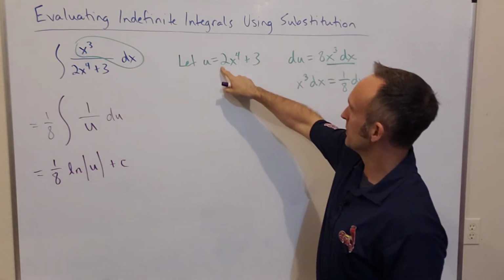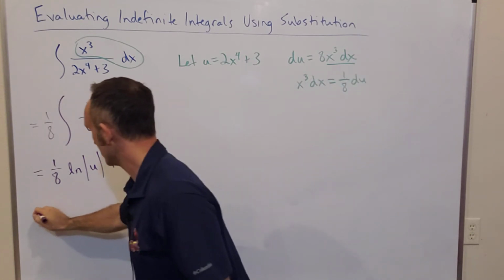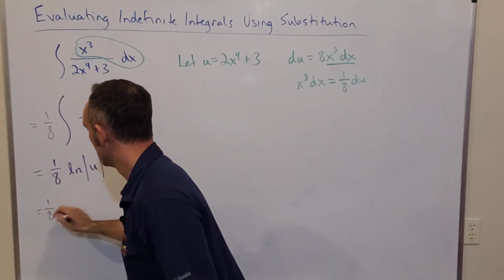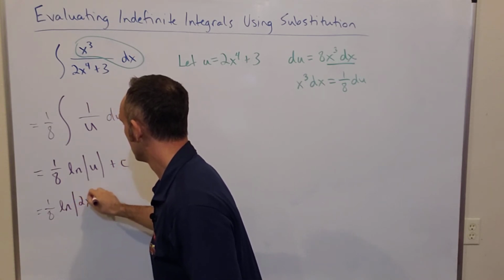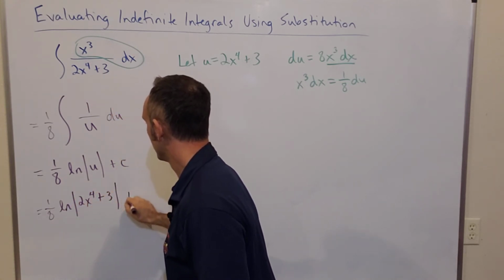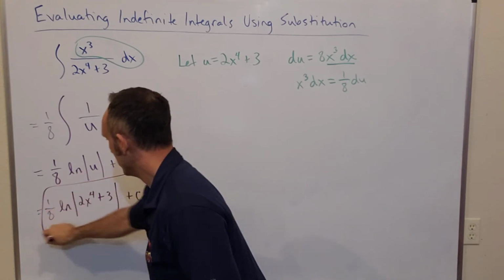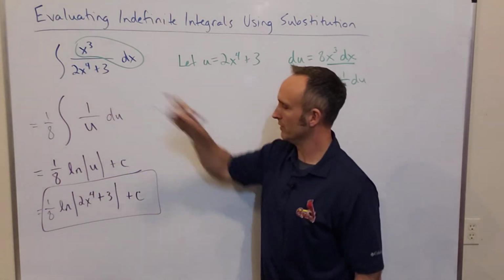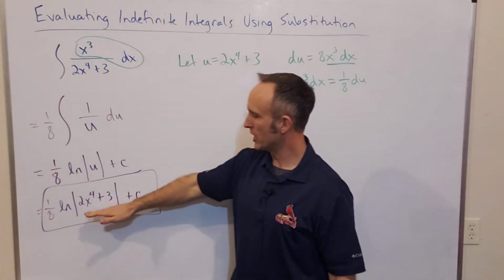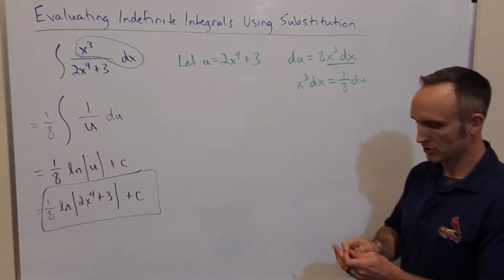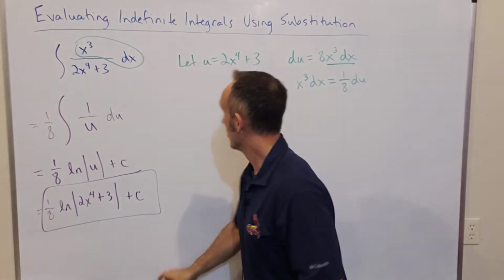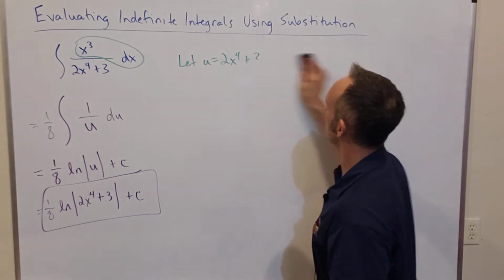And then I just need to replace u with 2x to the 4th plus 3. And so that is the most general antiderivative of that function. And again, you can check it by differentiating to see that you actually get this function. All right, let's do another.